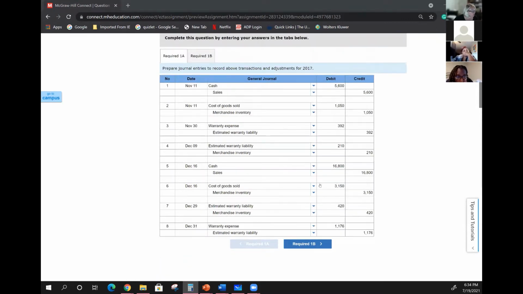So if we wanted to see what we have left in that warranty liability account, we can go through these transactions and calculate it out by looking at what was set up first, which was the $392. And then I had a debit for 210. So that's reducing my account. I'm down to 182. And then with this entry, I'm reducing it by $420.